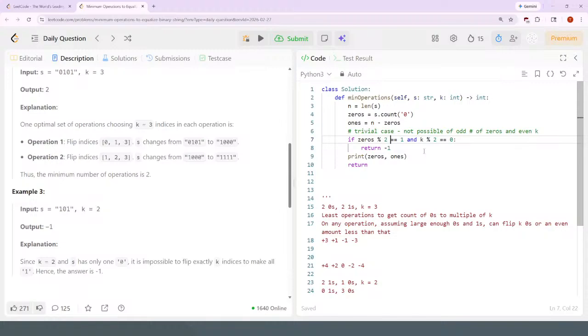Even number of zeros, even number k should work out. Yeah. Okay.